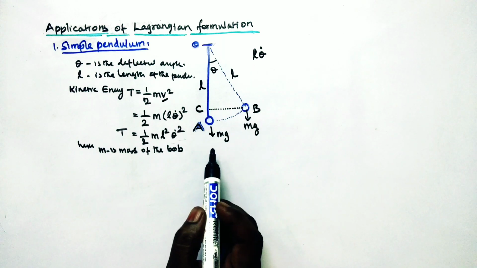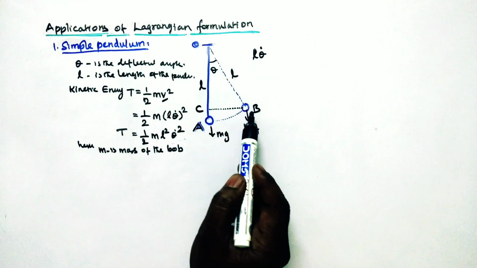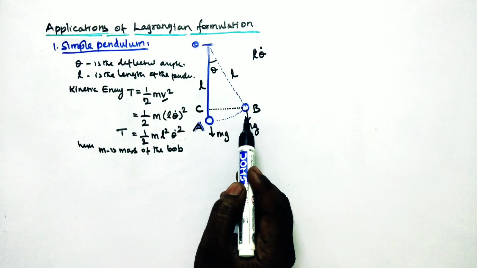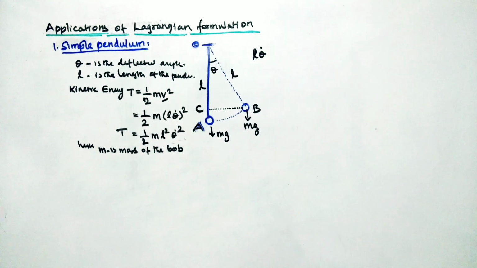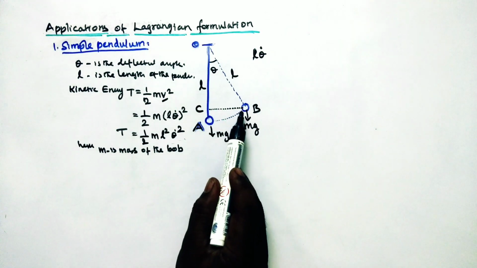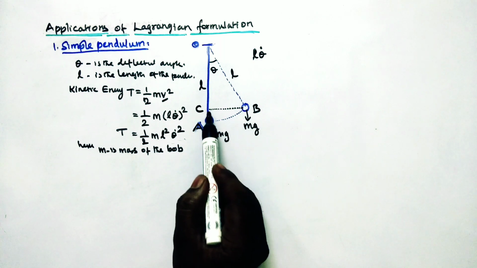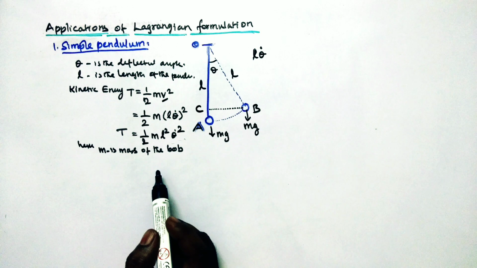This is the first point. And then BC decides the moving position of the pendulum, and the remaining portion is at rest.